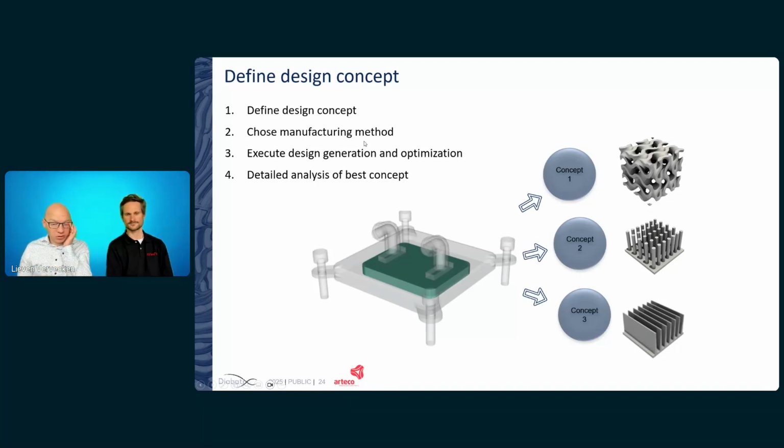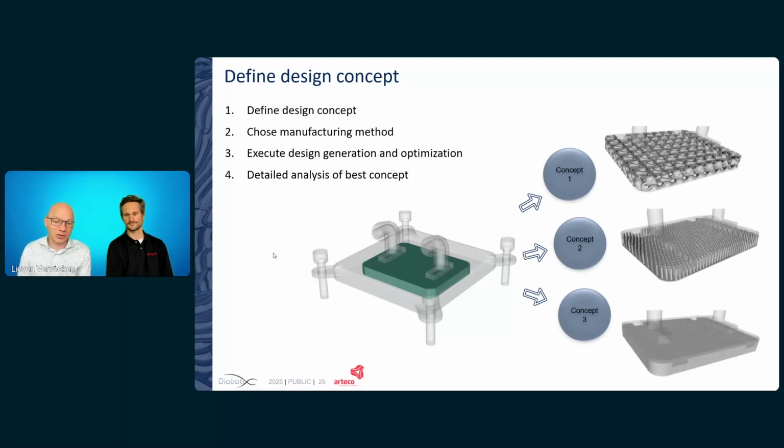For gyroids, obviously, that's 3D printing, where we take the current state of the art of printing, compare it to a similar methodology for pin manufacturing, and skiving for the fins. We execute the design generation and optimization, and we then do the analysis of the best concept. That's basically what you can expect.